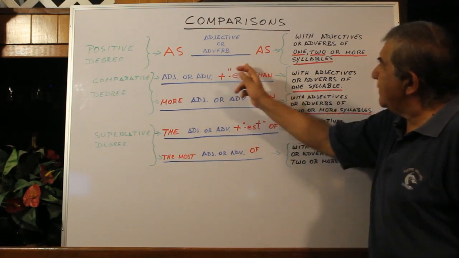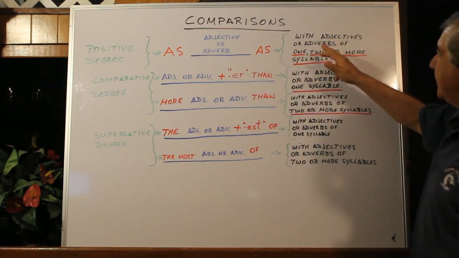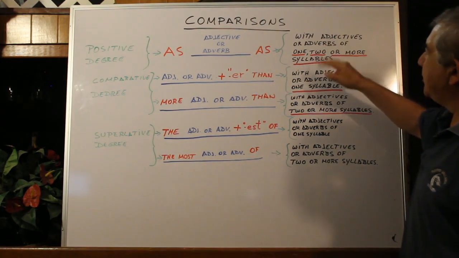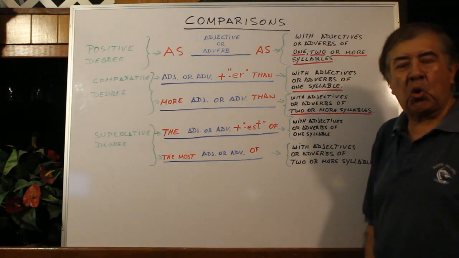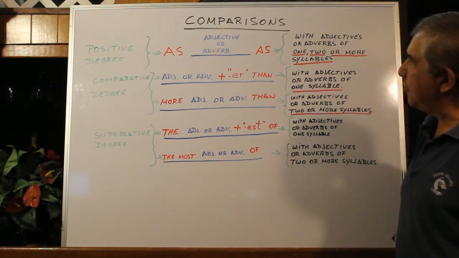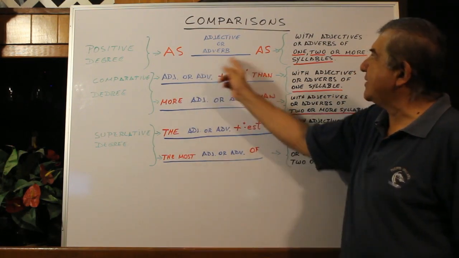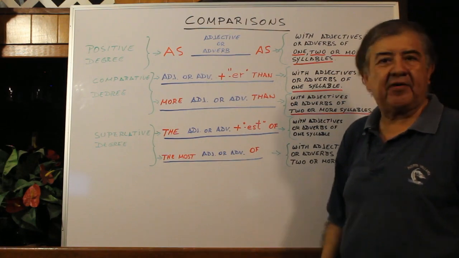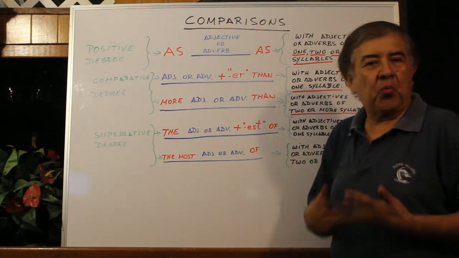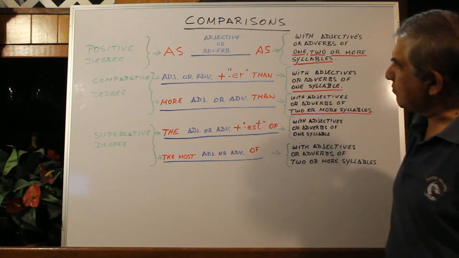And this is something that is very easy, because here you're going to use the positive degree with adjectives or adverbs of one, two, or more syllables. That is, there is no difference here. Whatever you want to compare, you use as, and the adjective or adverb, it doesn't matter if it is of one, two, or more syllables in general.